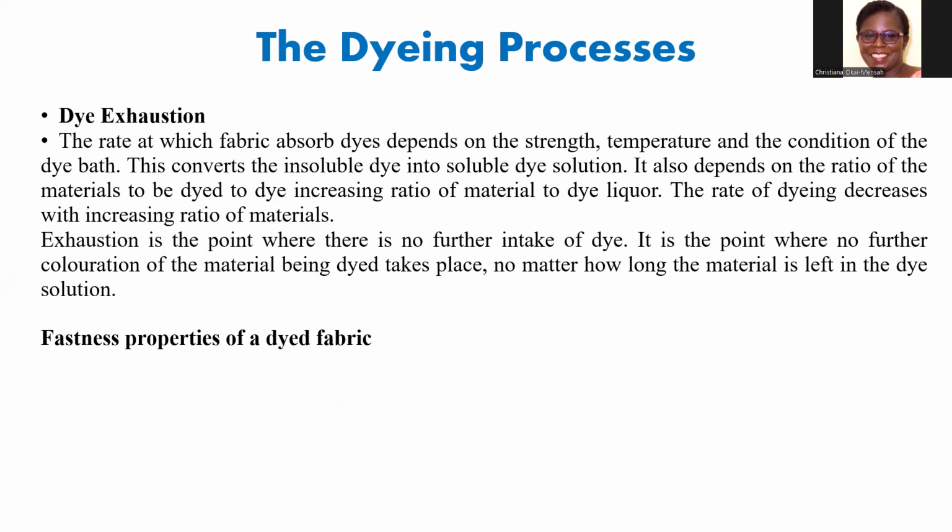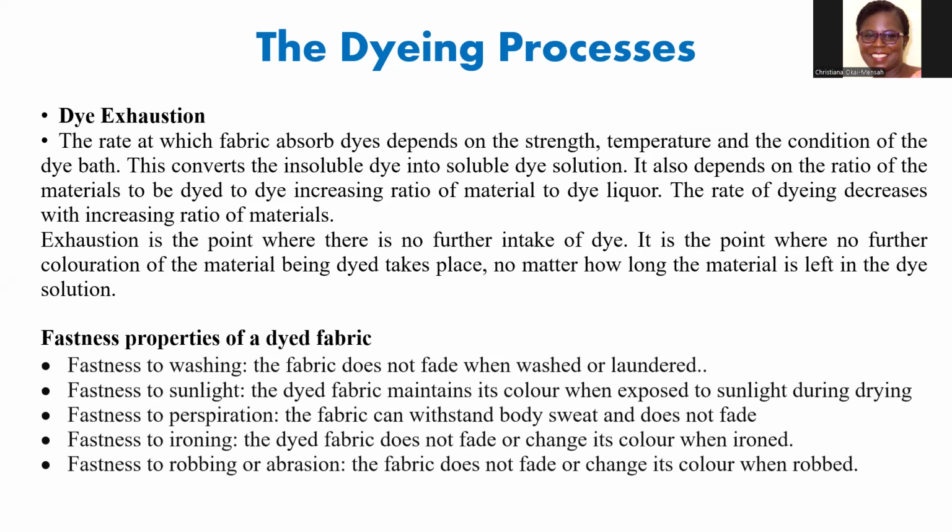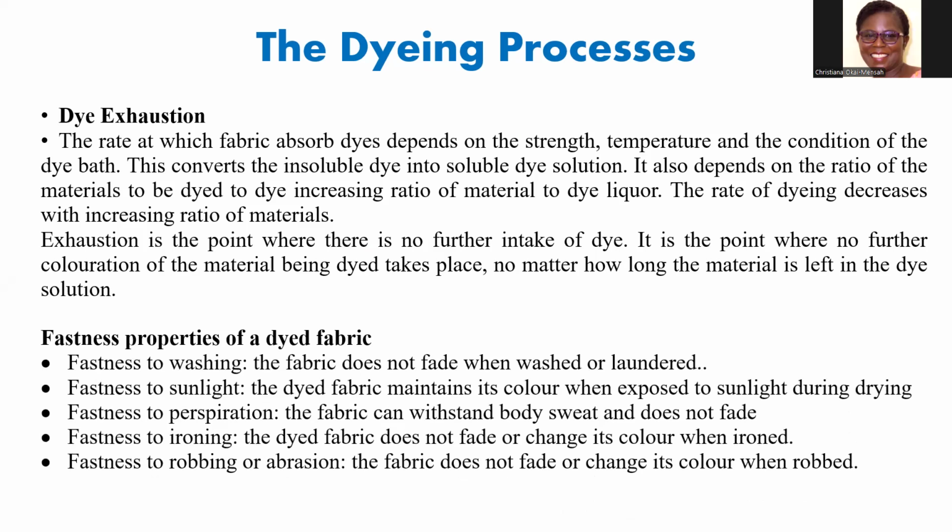So let's look at how you will know if the color is very good. And that is fastness, if the color is fast. So the fastness properties of a dyed fabric: after dyeing, if the color is good, you know it by washing it. If you wash it, the color will not fade. If you dry it in the sunlight, the color will not fade. If you wear it and there's perspiration, the color will not fade.